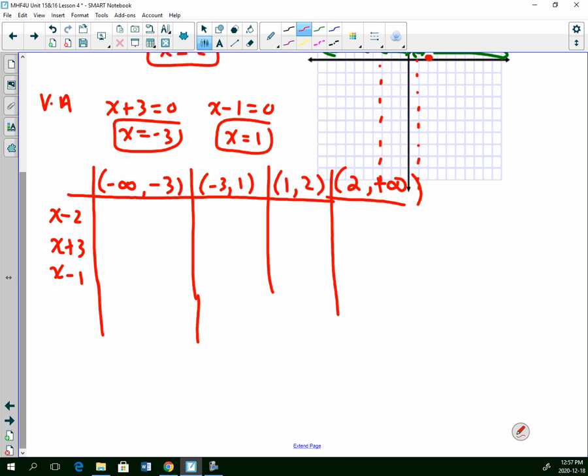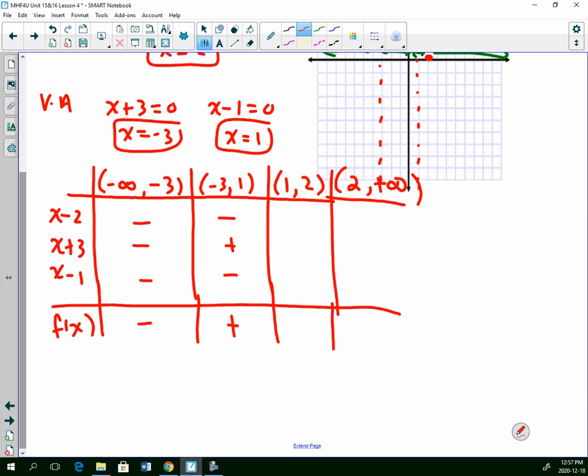And then we'll just pick some test values in those intervals. So I'll pick negative 4. I'll pick 0. I'll pick 1.5. And I'll pick 3.